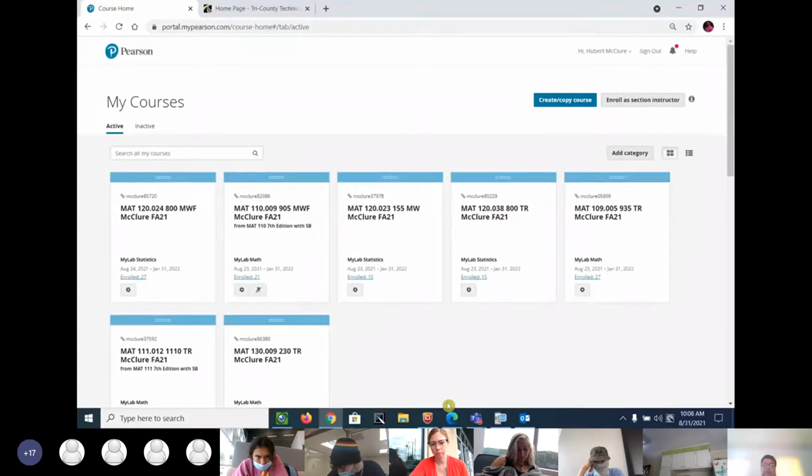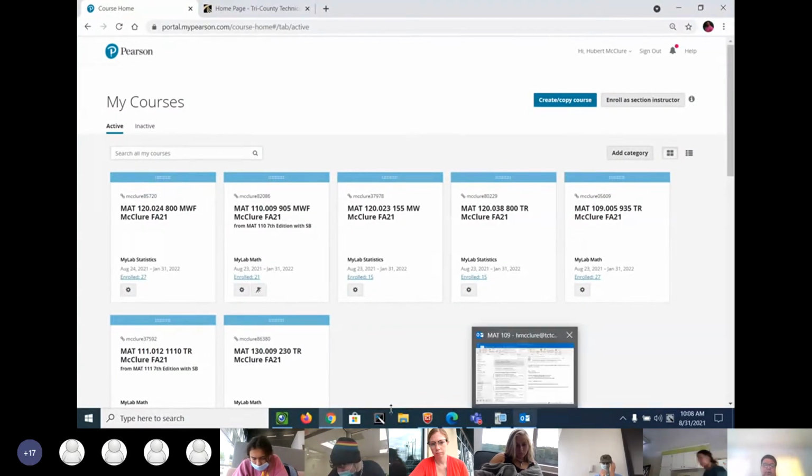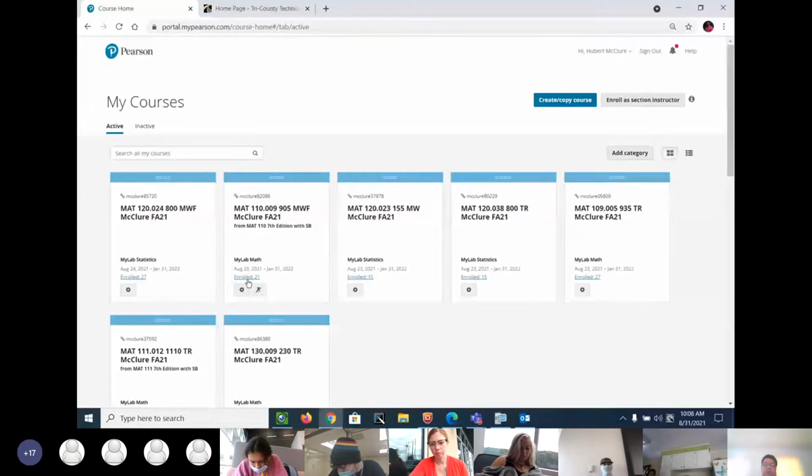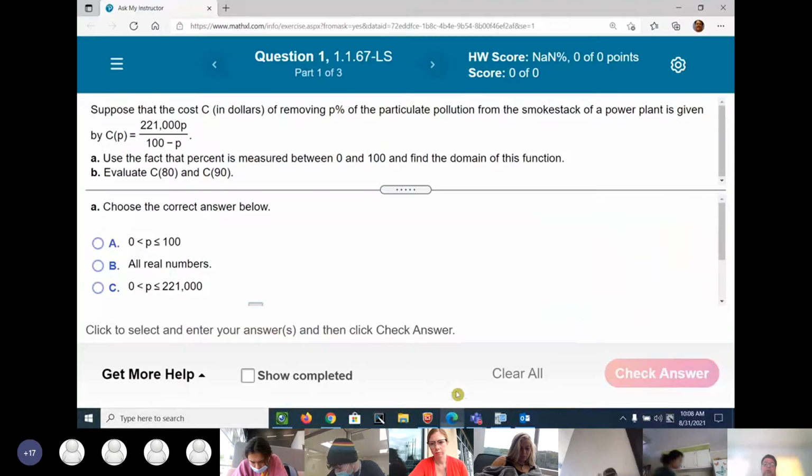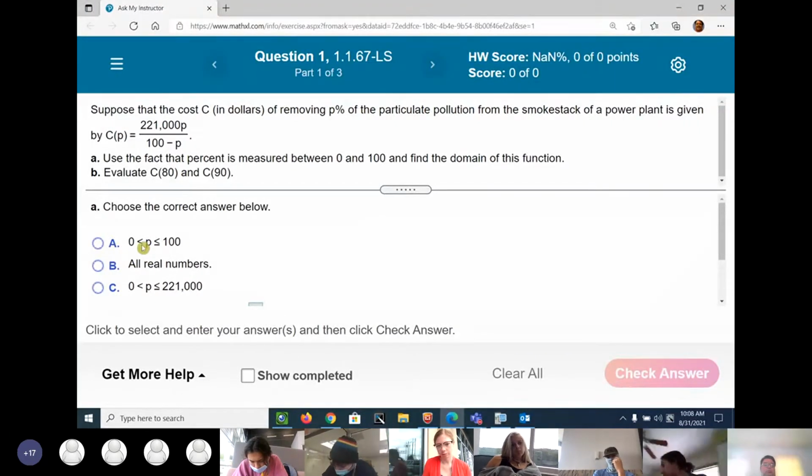So let me find my question again. My question just disappeared. Where'd it go? There it is. So 0 to 100. We can use 0. 100 minus 0, I don't know why.